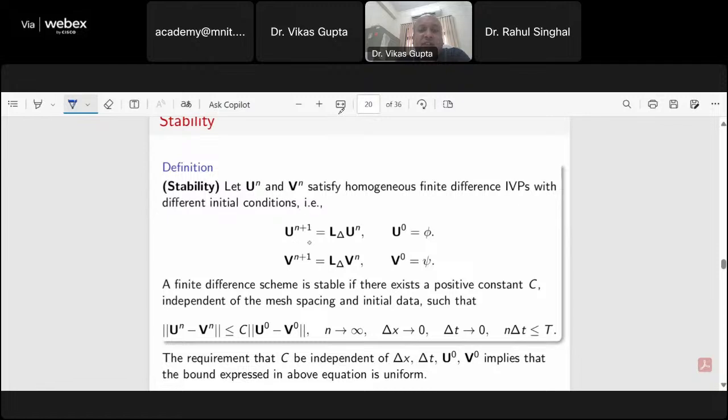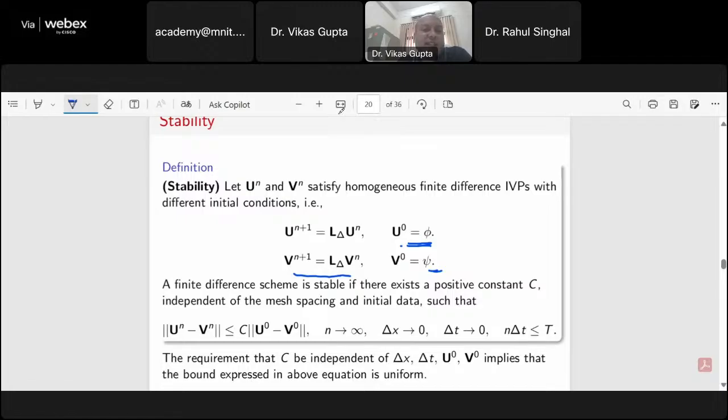That is, Un plus 1 is equal to L delta Un, U0 equal to phi, which is the initial condition defined at the initial time level t equal to 0. And Vn plus 1 is equal to L delta Vn, which means that both solution vectors Un and Vn satisfy the same difference operator but with different initial conditions. The initial condition for solution vector Vn is prescribed by the function psi, that is V0 equal to psi.